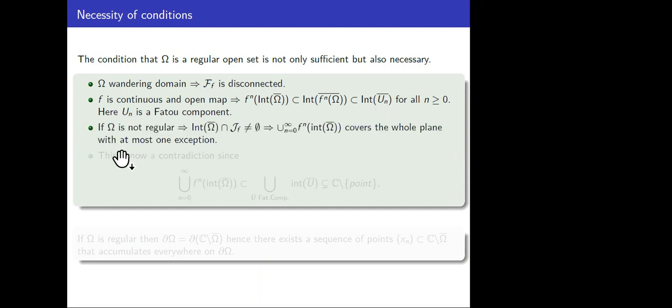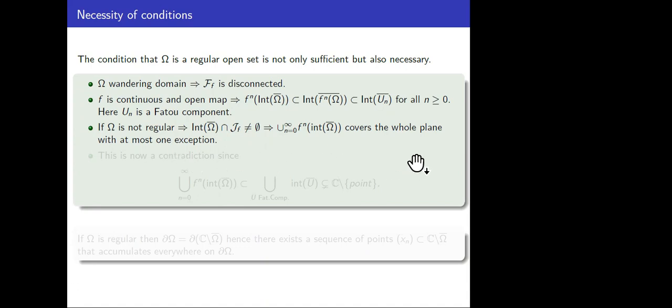Okay, but then if omega is not regular, this means that if you take the interior of the closure and intersect it with the Julia set, this is going to be a non-empty intersection. But then we know that the forward images of this set will cover everything except at most one point.